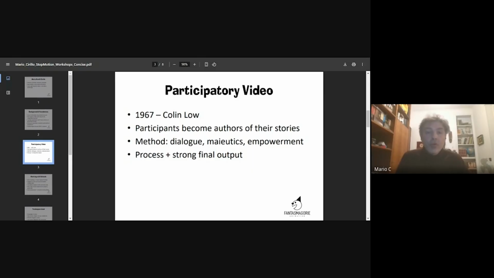So through participatory video, they are given all the tools to express themselves through video and to become authors themselves. And then through this path, they can also somehow cope with their experience, maybe overcome it, and maybe try to find some dialogue with the community, with the institutions, and maybe some change. So it can be the starting point of a change with the problems they are facing.